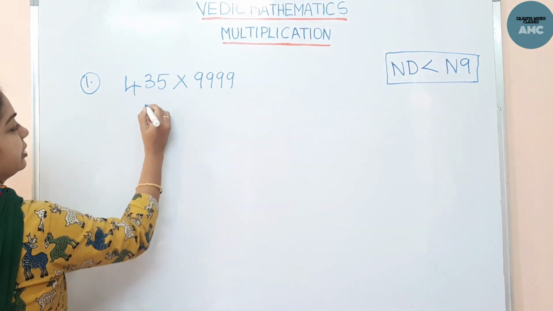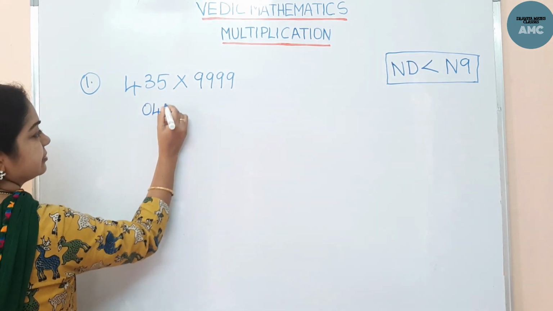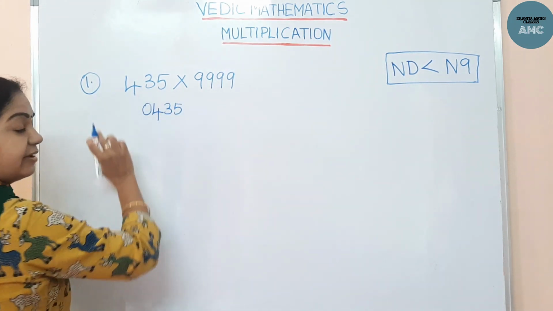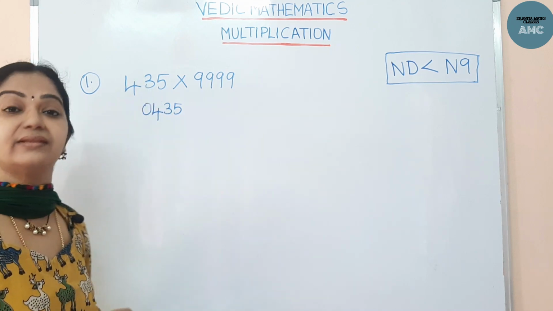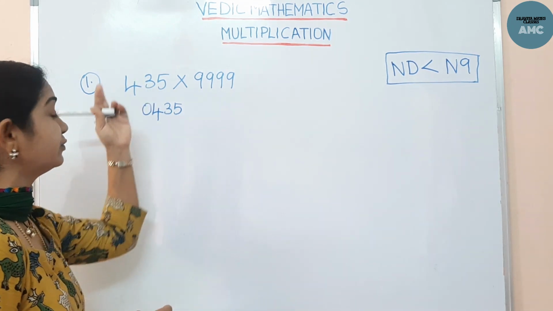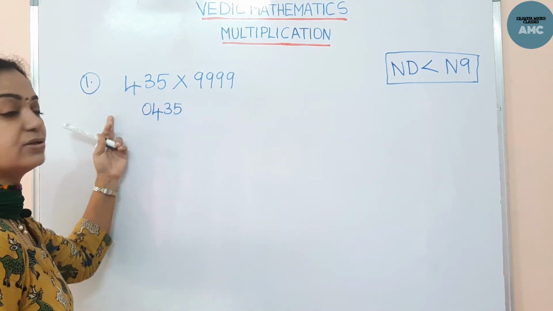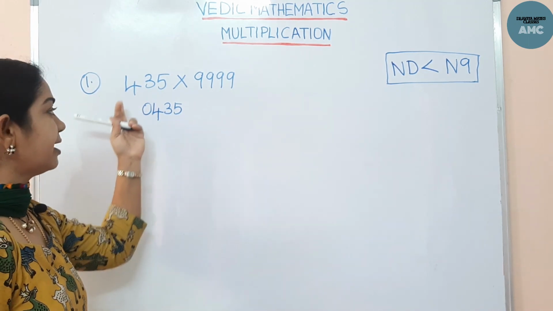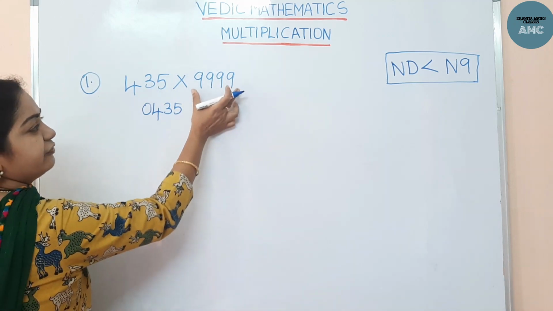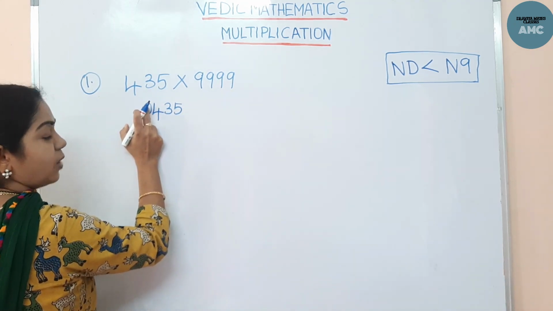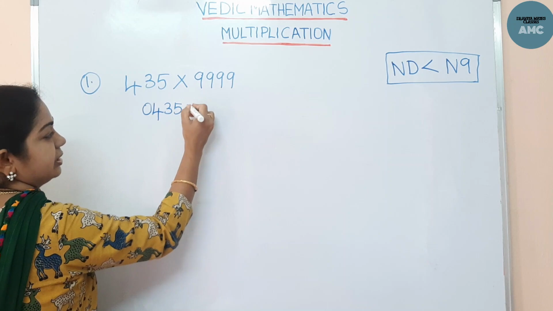If you place 0 to the left side, the number doesn't change, isn't it? If you place a 0 to the right side, the number changes, isn't it? 435 and 4350. That's different. So if you place a 0 on the left, as many zeros as you want, the number doesn't change. So we need a 4-digit number, so I have placed only one 0 so that it becomes 4-digit.